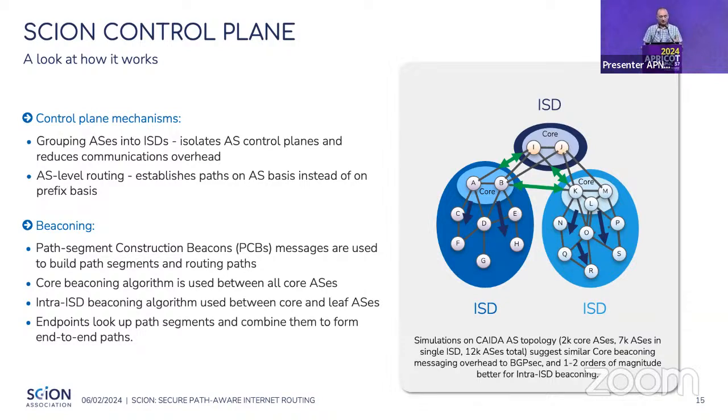These beaconing messages are used to advertise and construct the path segments. There's a beaconing algorithm that's used between all of the core ASs, and there's also an intra-AS beaconing algorithm as well. So it's possible to communicate between different isolation domains. The endpoints, as I mentioned, look up the path segments and combine those to form the end-to-end paths.